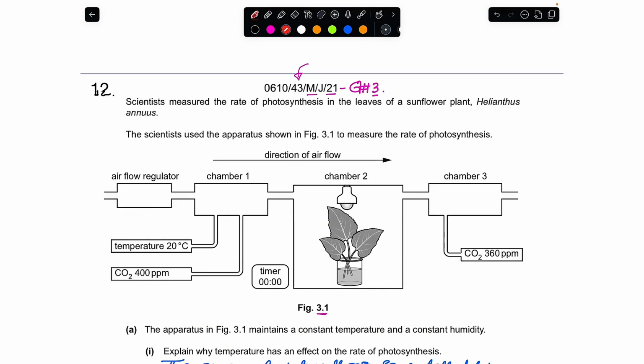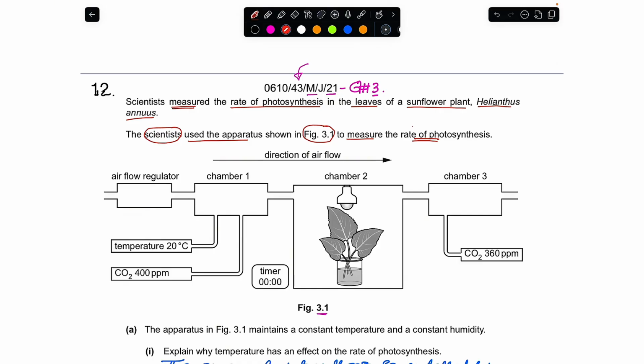What they are telling us is that there is a scientist measuring the rate of photosynthesis in the leaves of the sunflower plant. The genus of that plant was Helianthus annuus. Further, they say that the scientists use the apparatus shown in figure 3.1 to measure the rate of photosynthesis.